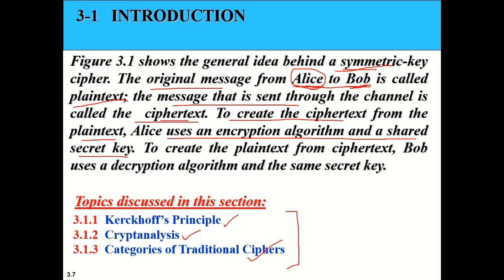Now why is this a shared secret key? Because this is the symmetric key cipher or symmetric key cryptography. Now to create the plain text from cipher text, Bob will use a decryption algorithm and use the same secret key which Alice has used for encrypting it, right?